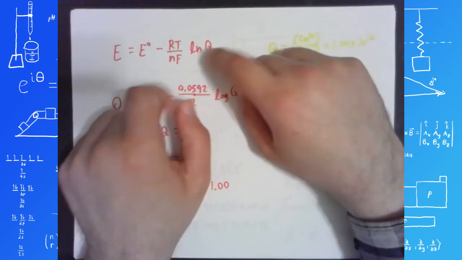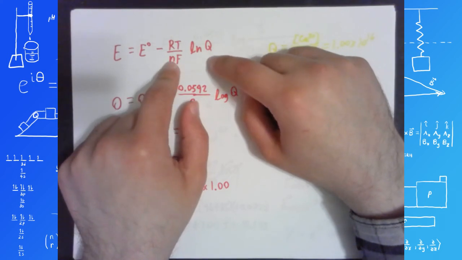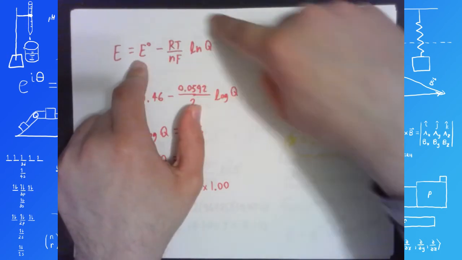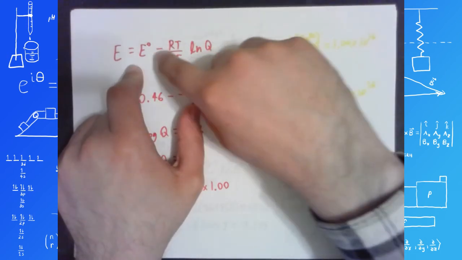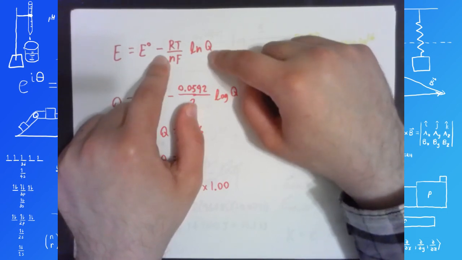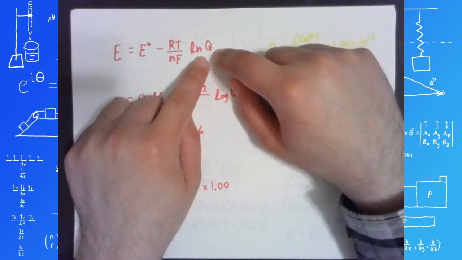then yeah, a decrease in temperature would, if Q is low enough that the natural log is negative, then this whole term, essentially subtracting a negative, is the same as adding, so it would be adding to the cell potential if Q is really low.